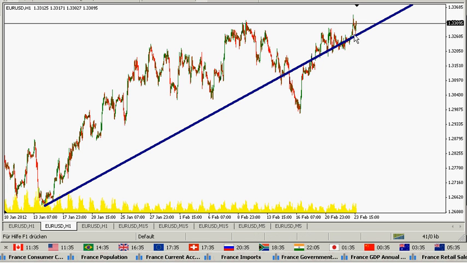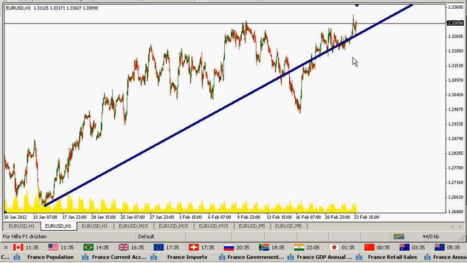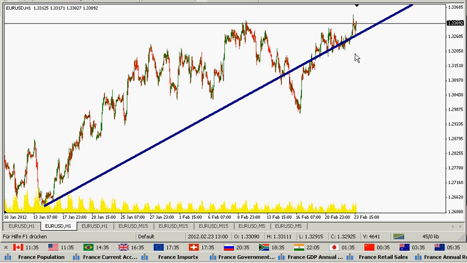So very interesting, and that's the reason why I'm choosing the major pair for until the end of the week, perhaps the start of the next week. We will see what will happen.